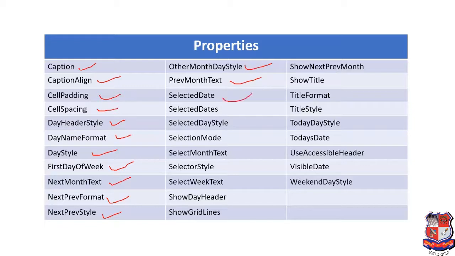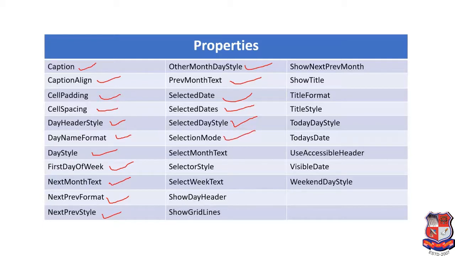Next is SelectedDate. It is an important property. It is used to obtain or set the selected date. Next is SelectedDates. It is used to obtain a collection of System.DateTime objects that represent the selected dates on a calendar control. Next is SelectedDayStyle. It is used to obtain the style property for the selected days. Next is SelectionMode.